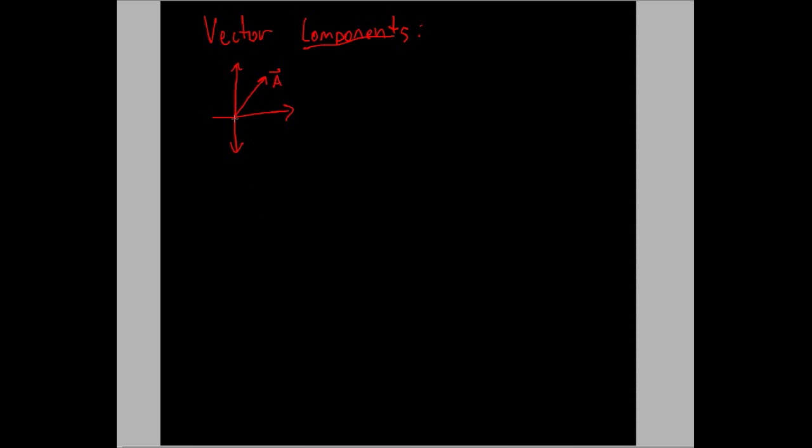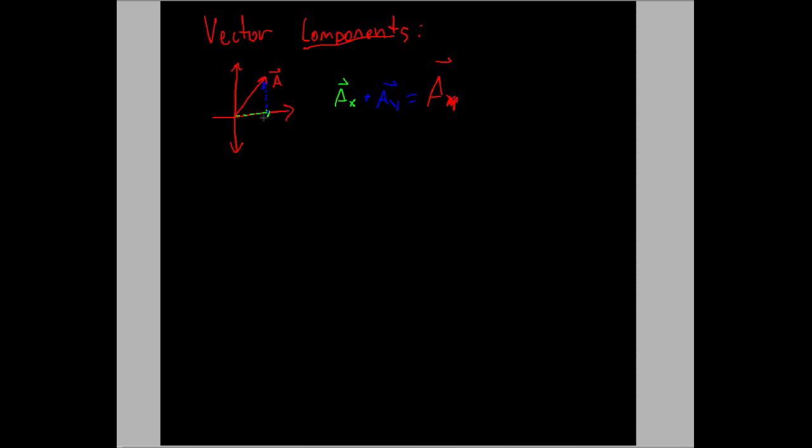You've got an x component, we'll call that AX, and you've also got a y component, we'll call that AY. All of that together gives us our original vector A.